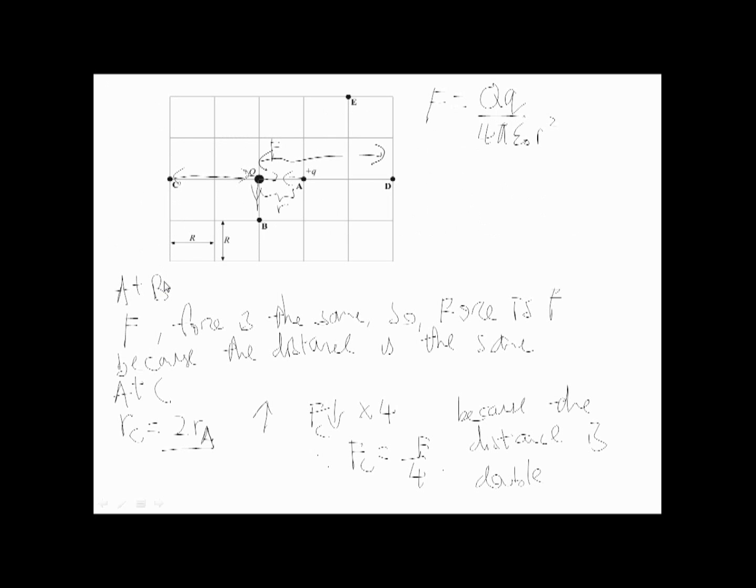Now finally at E. Going back to the previous one, E is from here to here. By using Pythagoras theorem, we know that here will be 2RA, and here will become 2RA again.